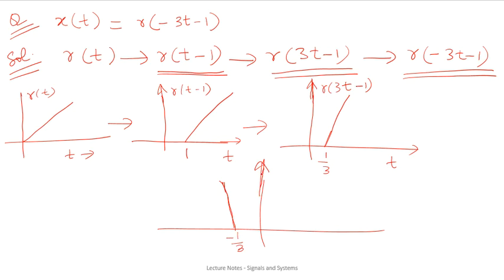So your final signal will be r(-3t - 1). This will be minus 3. The actual value you can also obtain by doing some mathematical analysis of what the value on the x-axis should be for amplitude 1, although this is not of much interest.